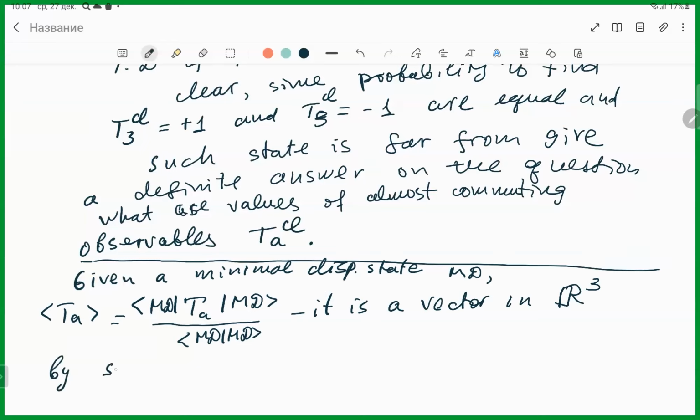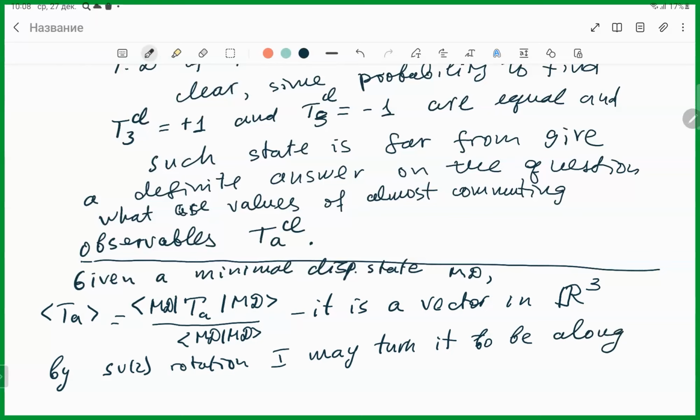By SU2 rotation, I may turn it to be along the third axis.